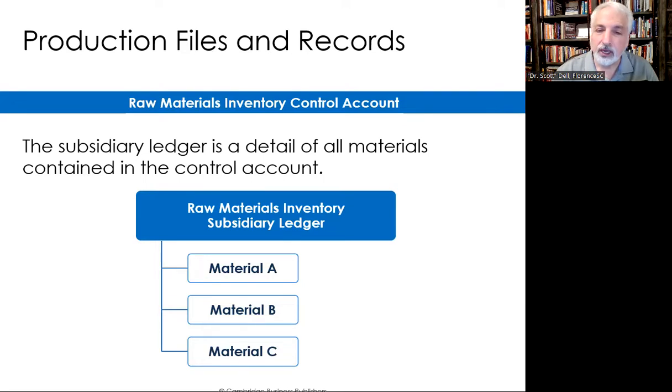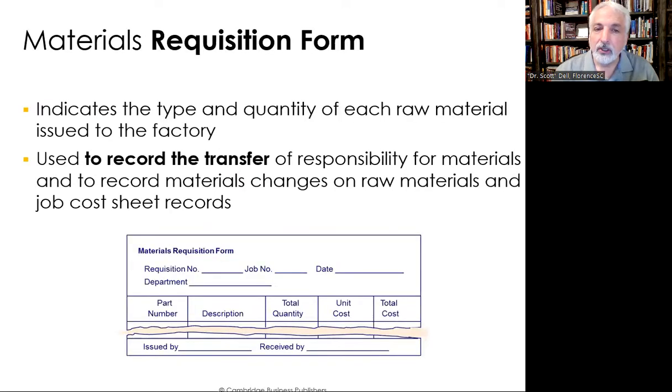And we're going to pull those out, material A, B, and C in this example, and those are going to go into producing whatever we're producing. So there's a requisition form saying, okay, we need so many of part A. Let's go get it. We need so many of part B. The transfer is recorded. Now, again, it's automated. It's usually scanned, and you go to the storeroom or supplies room and requisition it out. You take it out, and you're going to add those to the costs of what we're producing.